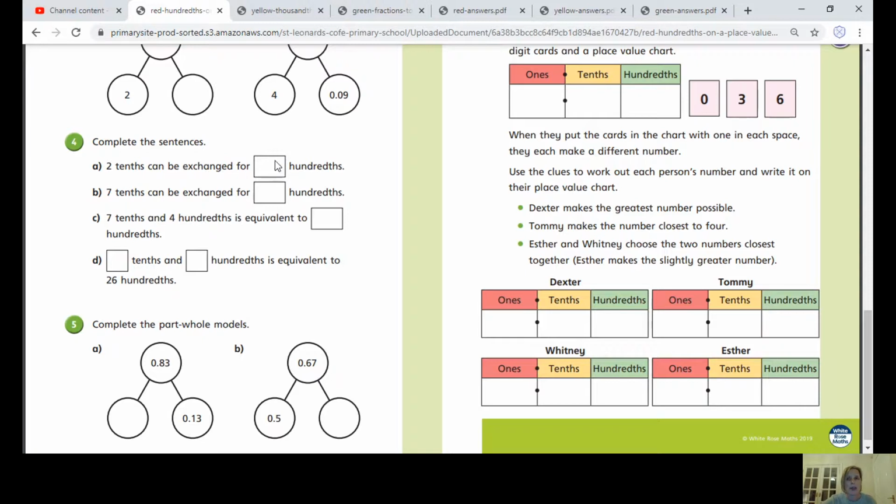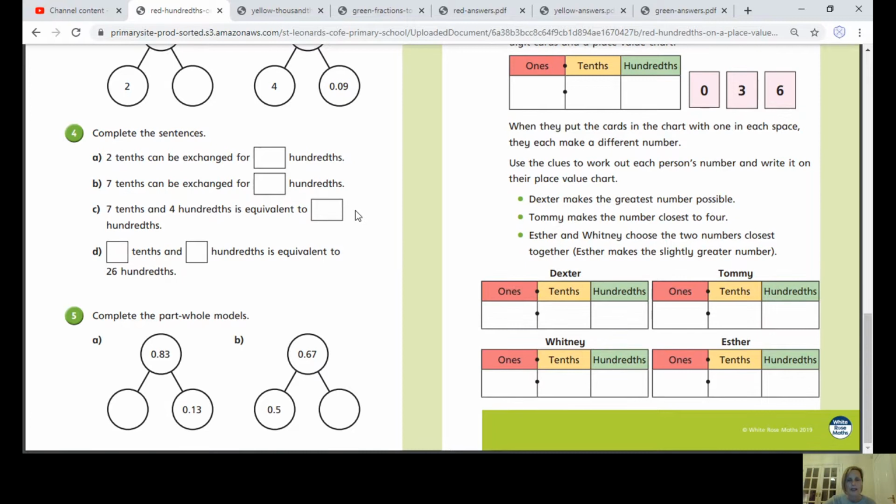So if you write down a 0 in your hundredths column, you can clearly see on your page that 2 tenths and 0 hundredths is the same as 20. So you're going to write down 20. There are 20 hundredths are the same as 2 tenths. Okay, so have a go at that one. Like I say, write it down as a place value chart. It will be much easier for you then.